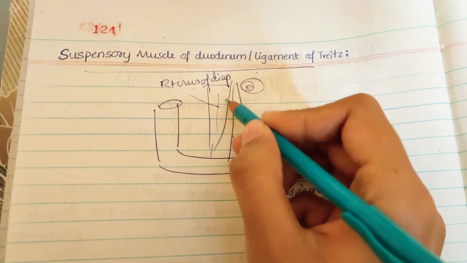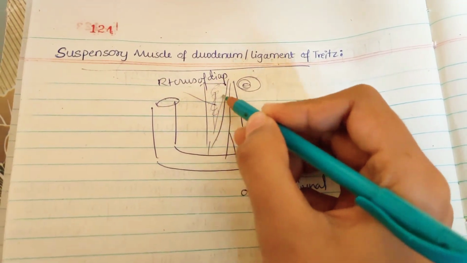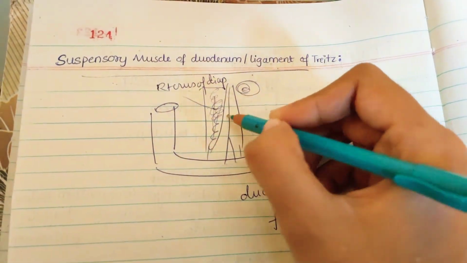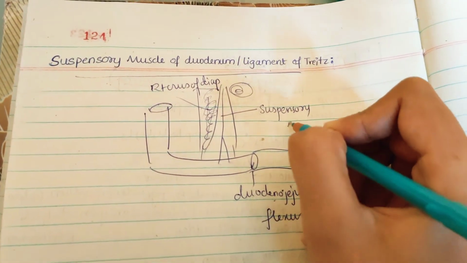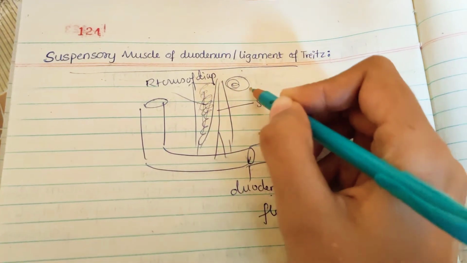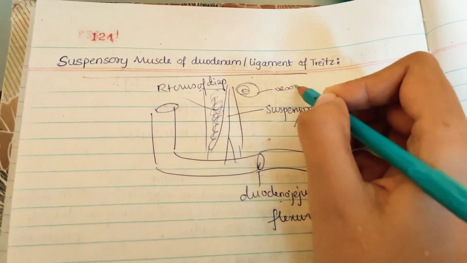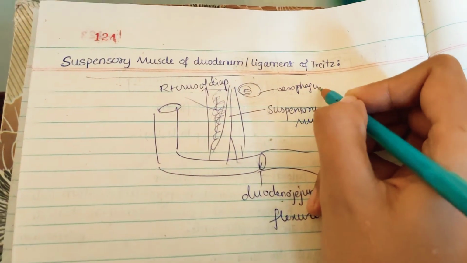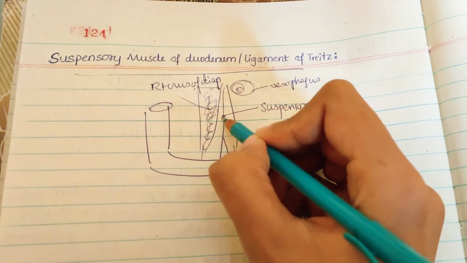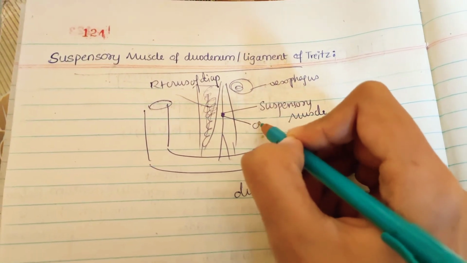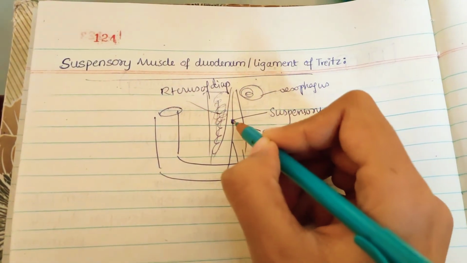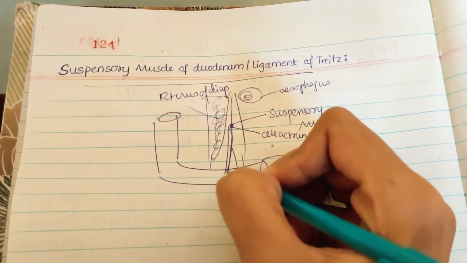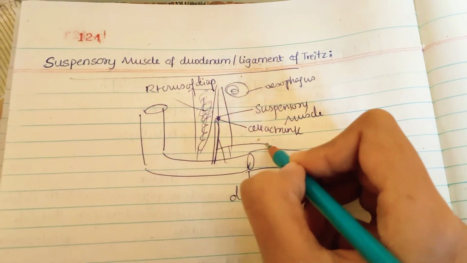So this is the right crus of diaphragm, and this is our suspensory muscle, that is the ligament of Treitz, and this is the esophagus. Here in the middle you'll have the celiac trunk, and behind it you'll have the abdominal aorta, the outline of the aorta.